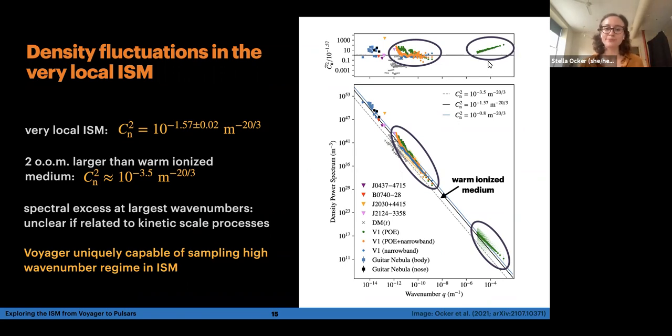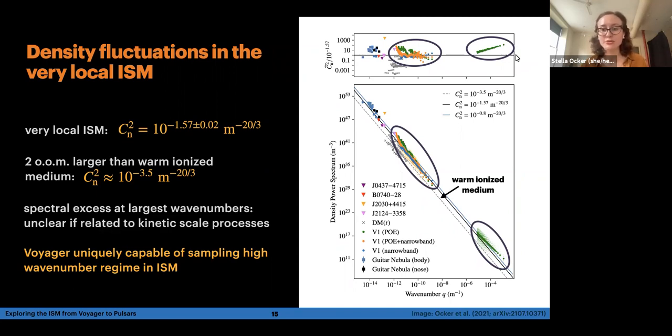Now, we also see a very large excess of power in this spectrum, particularly at the largest wave numbers probed by Voyager. And so these large wave numbers correspond to the smallest spatial scales that Voyager is capable of probing. And this spectral excess has also been observed in previous studies of density fluctuations detected by Voyager 1. And it has been argued that the spectral excess arises from kinetic scale processes that are mediating turbulence at these scales.